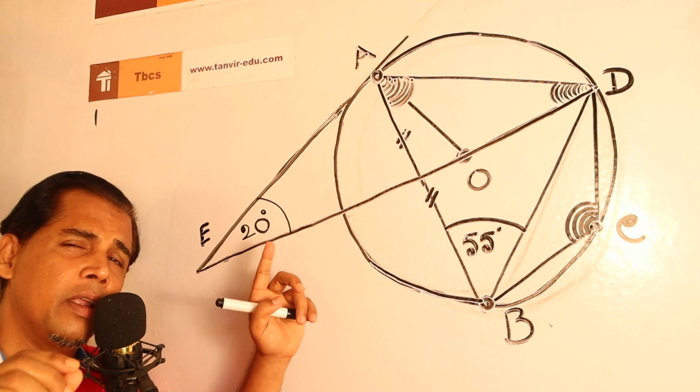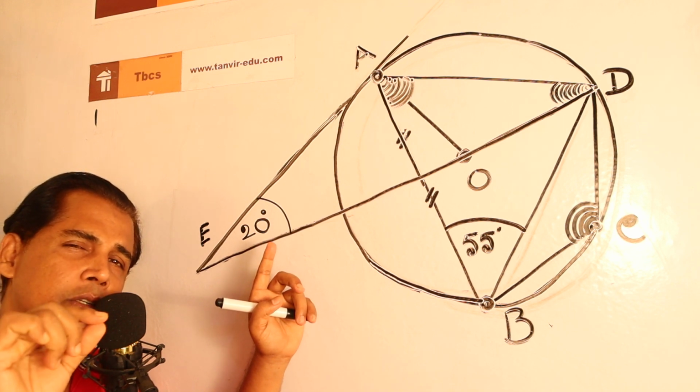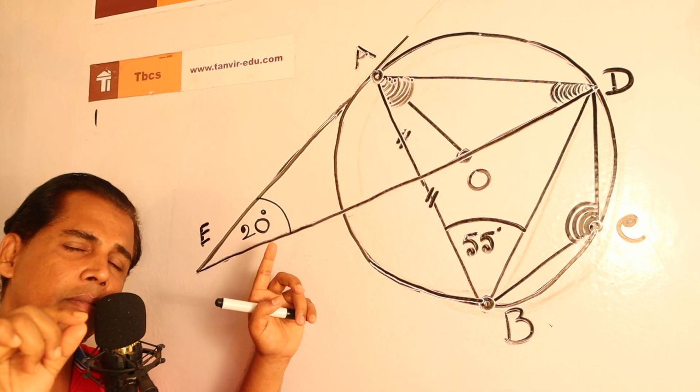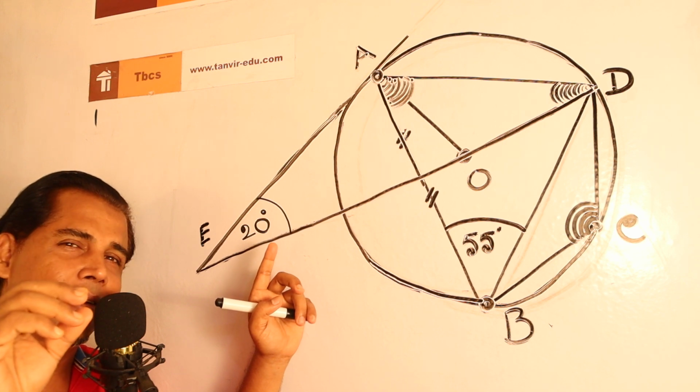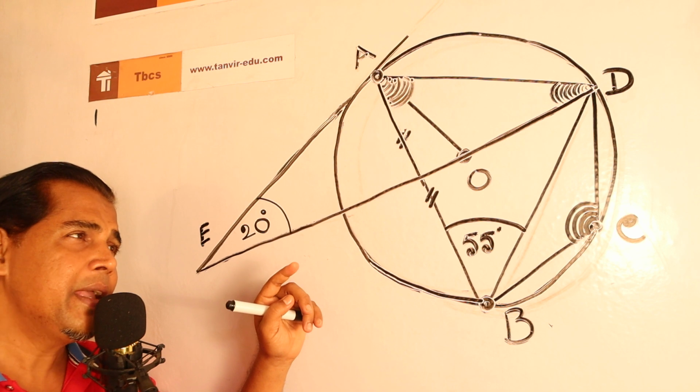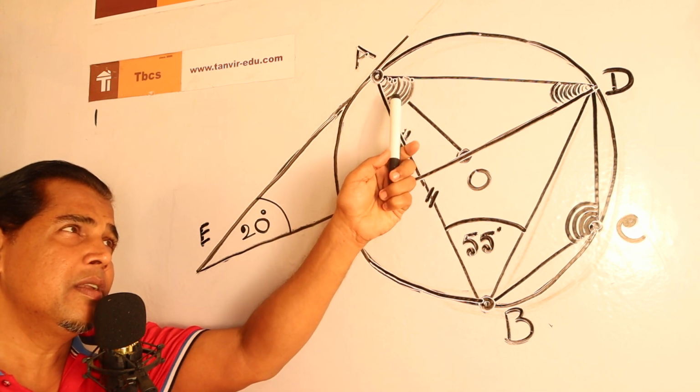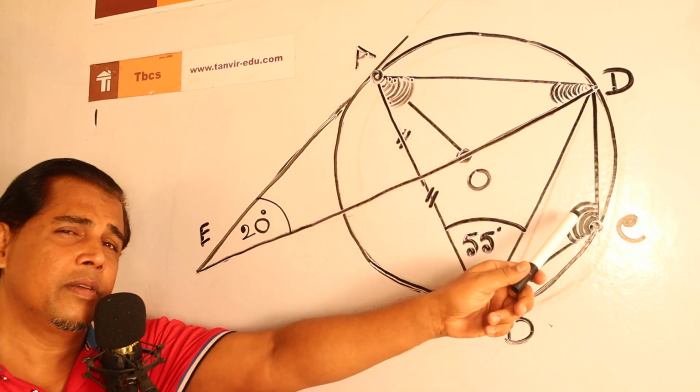This is your duty: from the question, first draw the diagram. On the diagram, all data from the language need to be converted. Suppose my expected angle is this one, and this one.